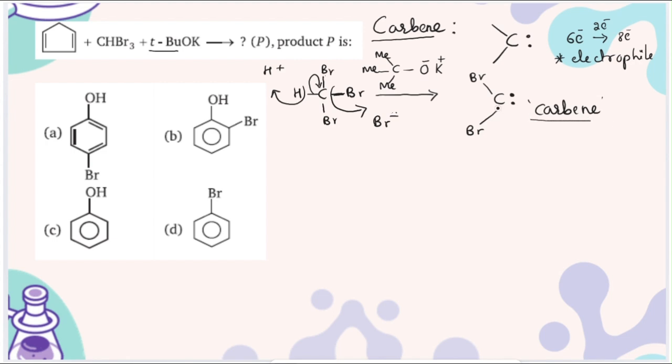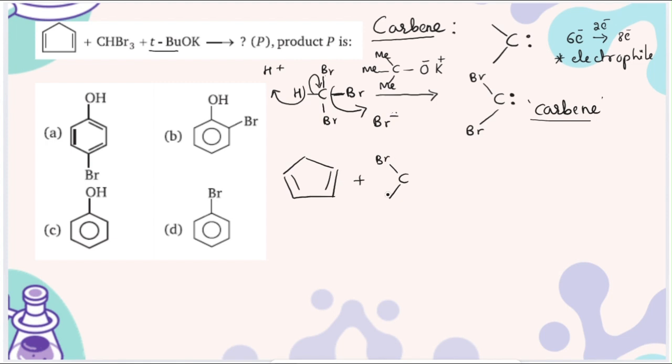So now let's see what sort of reaction this carbene will undergo. You can see it is reacting with a cyclic molecule. What is this cyclic molecule? It's a cyclopentane because there are 5 carbons, and you see there are 2 double bonds. Therefore it's a diene, cyclopentadiene. That is the molecule which is reacting with our carbene.